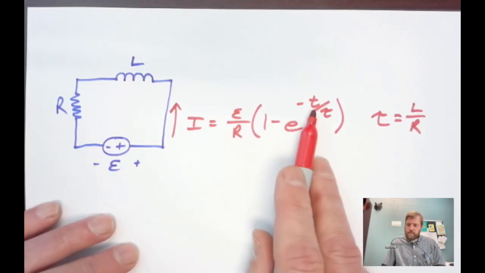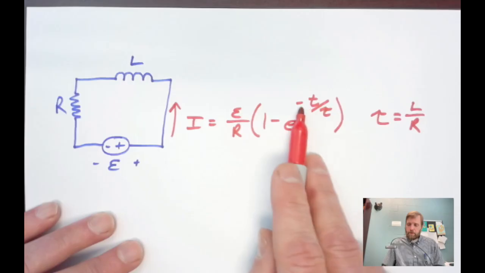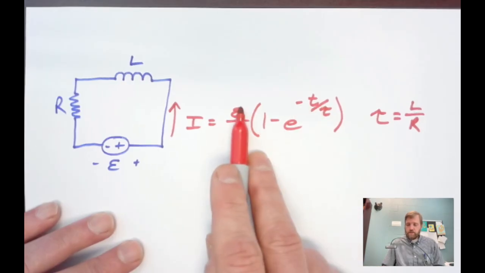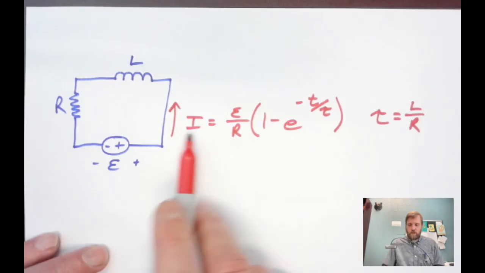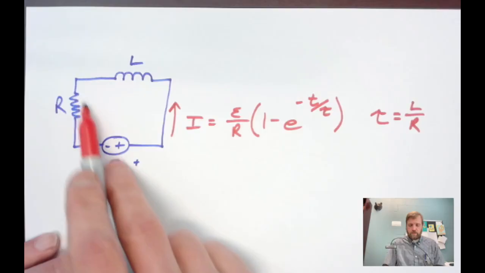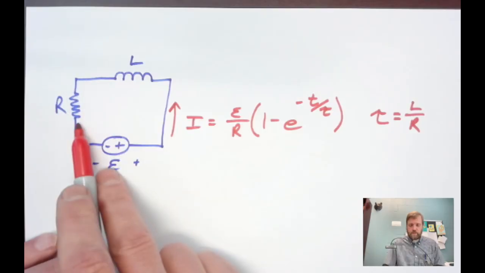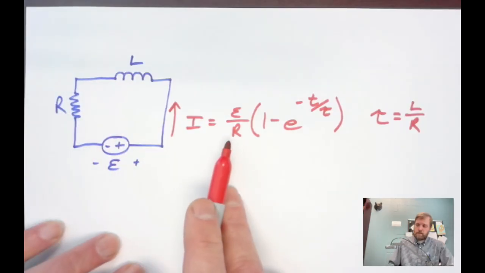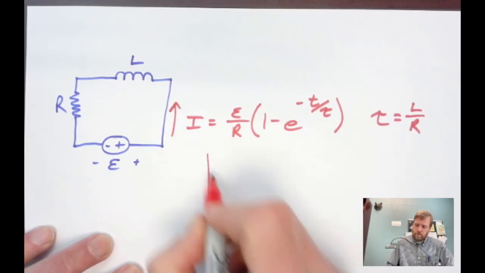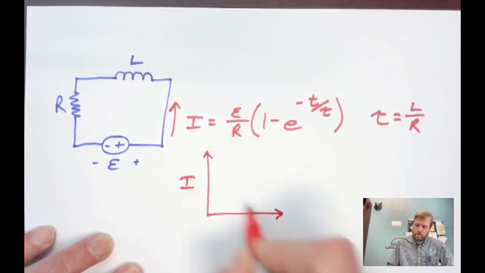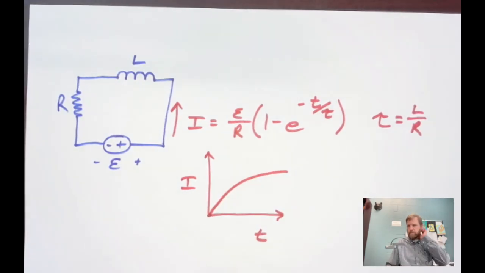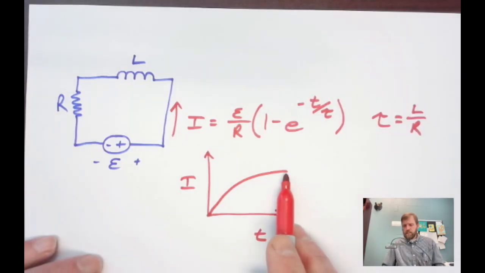And then at some long time, as t approaches infinity, e to the minus infinity is 0. So this is just epsilon over R, which is as if the inductor isn't even there. Right, so it's just Ohm's law for this resistor. Okay, so this graph looks like this, where it approaches steady state.